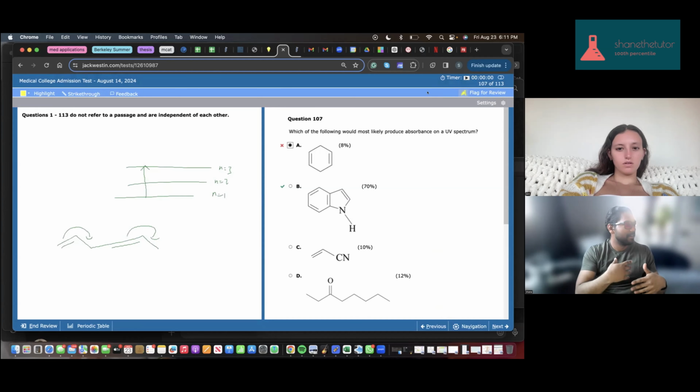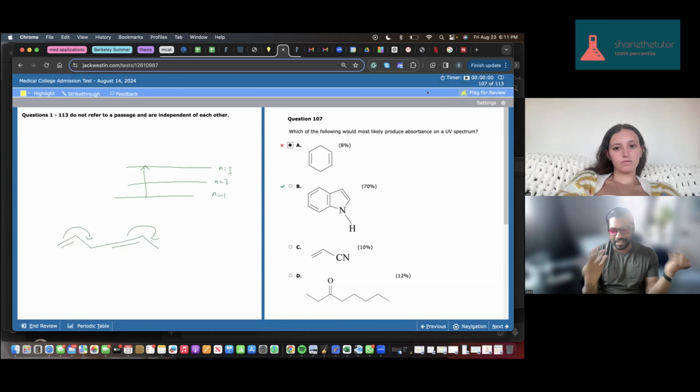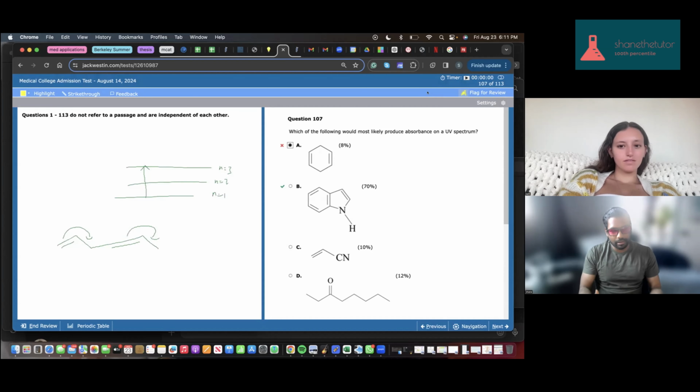Let's say this is your kid, and it's not easy to take care of that kid, and it makes you very stressed. This is a bad example, but if you get an electron excited, you're inherently less stable.